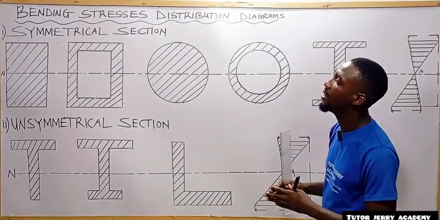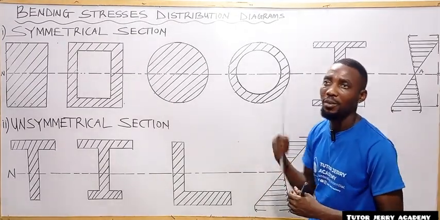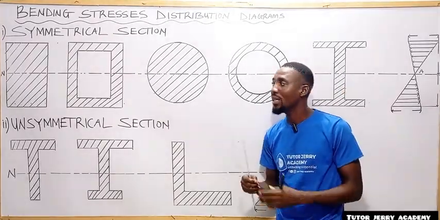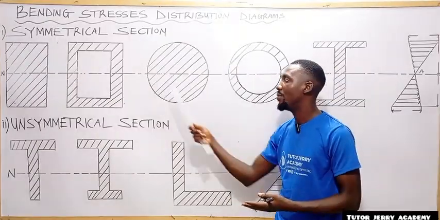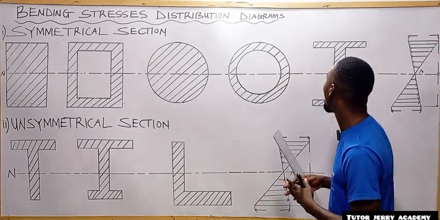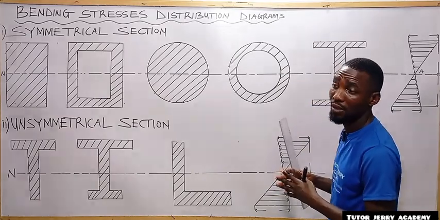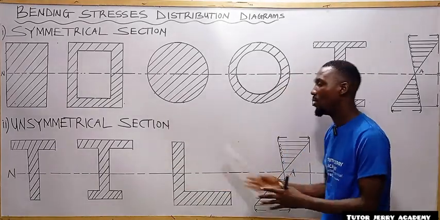We'll be using them in our subsequent formula, because we said from our previous video that a member, that is our beam, can be in rectangular form, can be hollow rectangular, can be circular, can be hollow circular, can be an I section, and can be any of these ones below here.